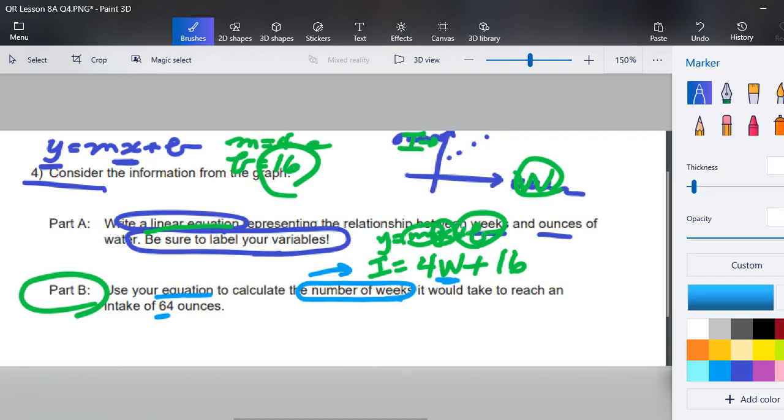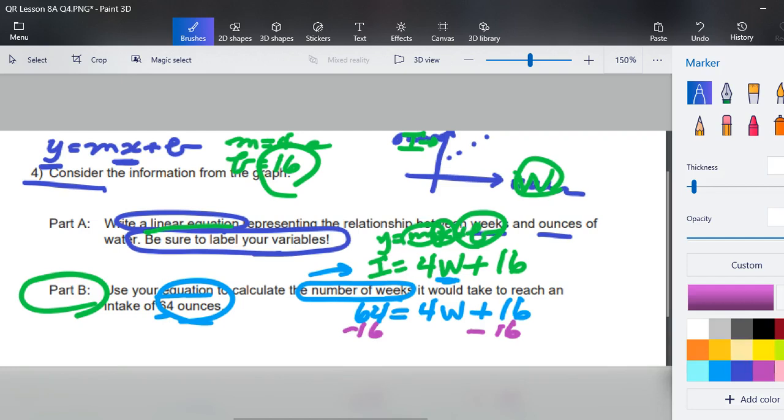I don't have a lot of room, so I'm not going to rewrite it. I'm just going to point it out, and then I'm going to write down that 64 is my intake. And the question is, how many weeks? Well, I don't know that, so it has to stay in my equation, but I can keep writing the other parts of my equation. Now it is, I would say, simply solving, but that's not always the case.